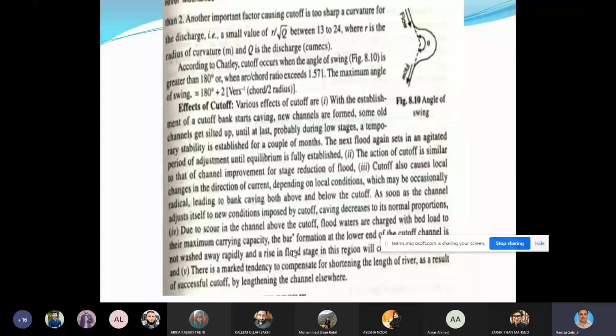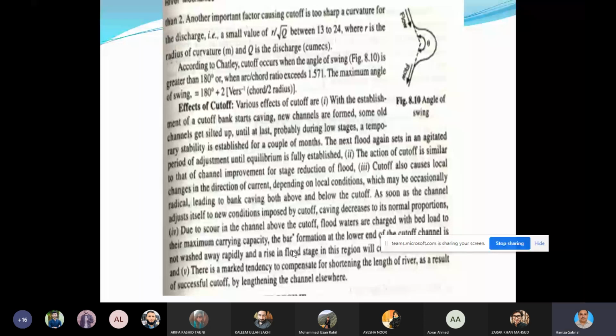So likewise, different relationships have been established. So what are the effects of cutoff once a cutoff is developed? With the establishment of a cutoff, the banks start caving. New channels are formed.